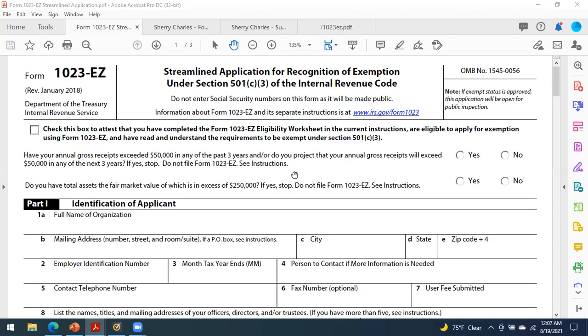Now, gross receipts include all of the money you project your nonprofit organization to generate from different sources, like grants, grant money, fundraising proceeds, and individual tax deductible donations from people.